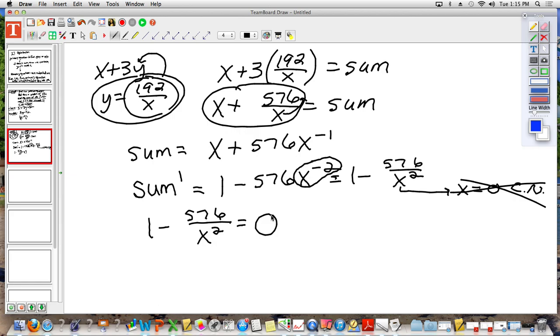I'm just solving for x. I'm going to take this and move it to the other side. So I have 1 is equal to 576 divided by x squared. The letter I want is on the bottom though, so I've always just said switch it with the other side.